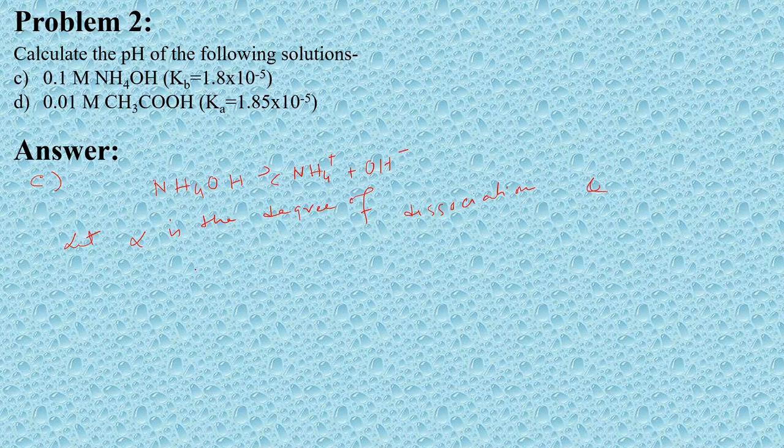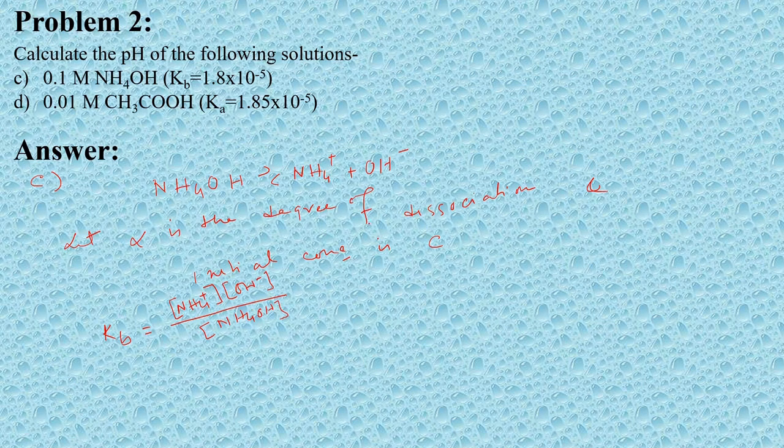The initial concentration of ammonium hydroxide is C. From the mass action law we get Kb.